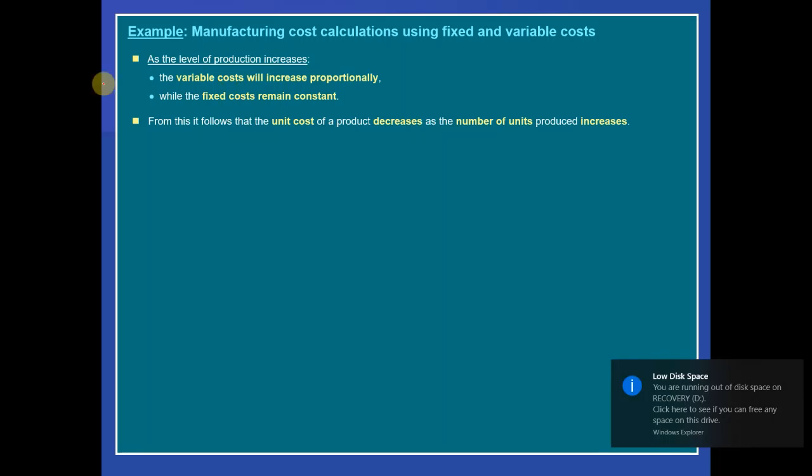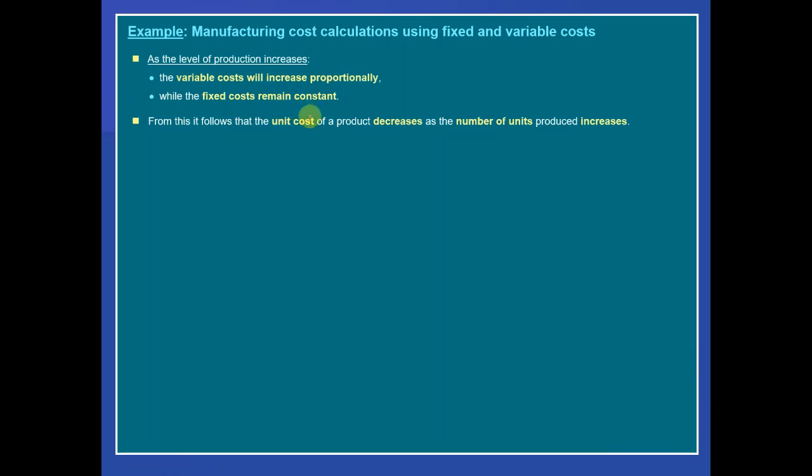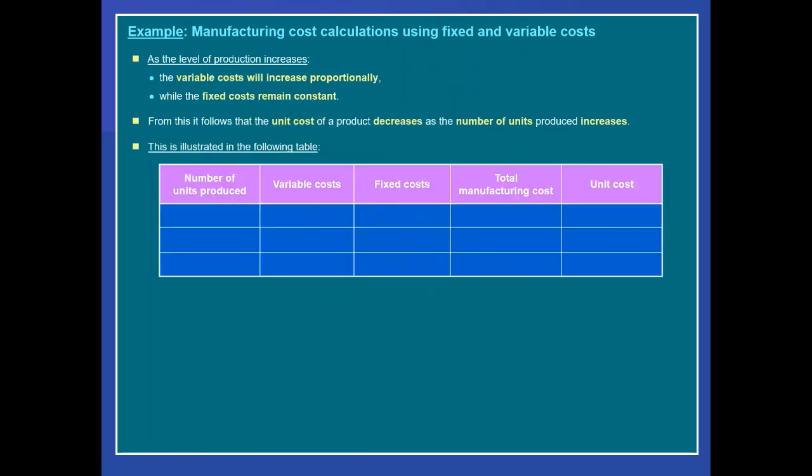That is because the fixed cost remains constant. So the more items we produce, the more each contributes to covering that fixed cost, and therefore the cost of one unit will reduce. Let's illustrate this by an example.